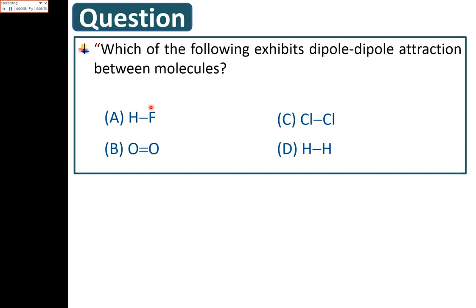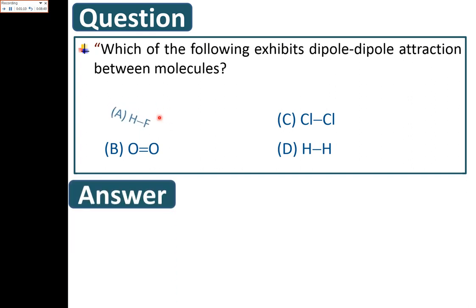The only one that has a difference in the electronegativity of the constituting atoms is HF, and therefore this is the only one that will have the dipole-dipole attraction in that molecule. So the answer is hydrogen fluoride.